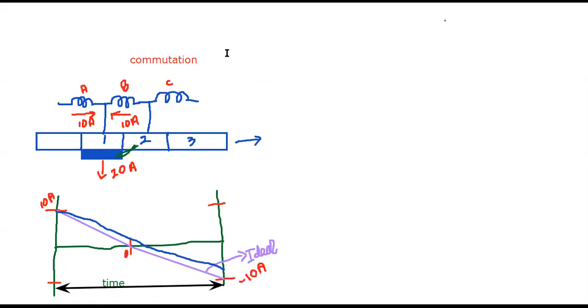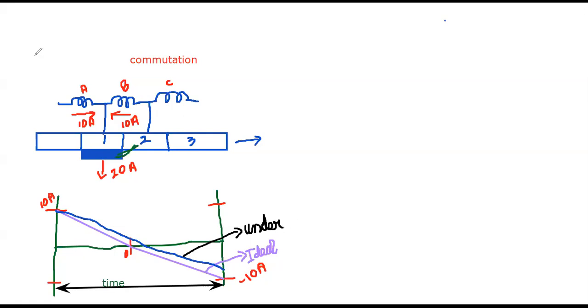Now we are going to talk about the under characteristics. This plot is for the under characteristics of commutation. So how is this under commutation occurring? That is our next question. Under commutation occurs due to the self-induced EMF in the coils.